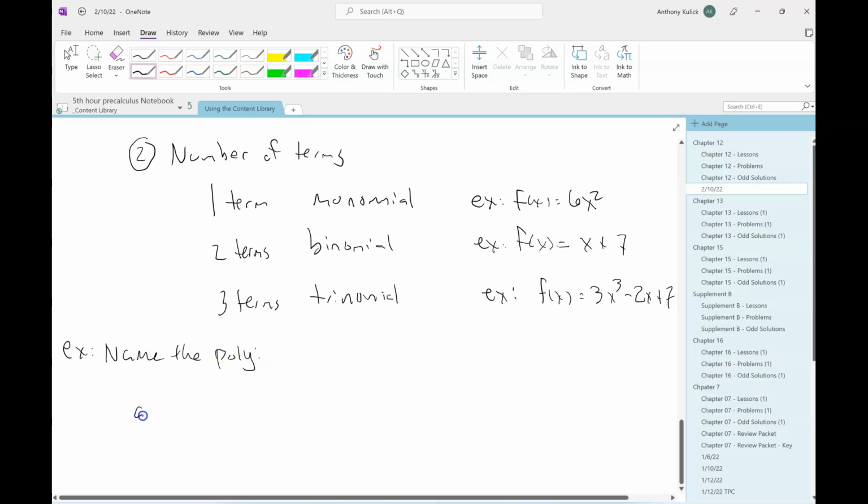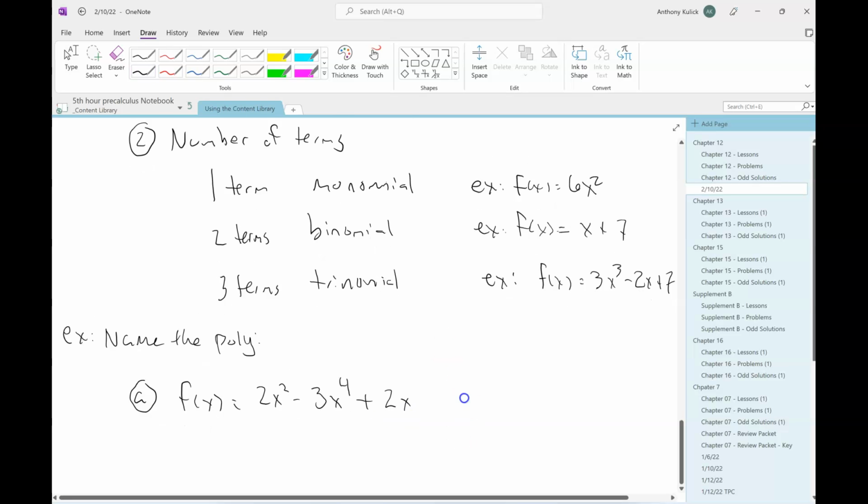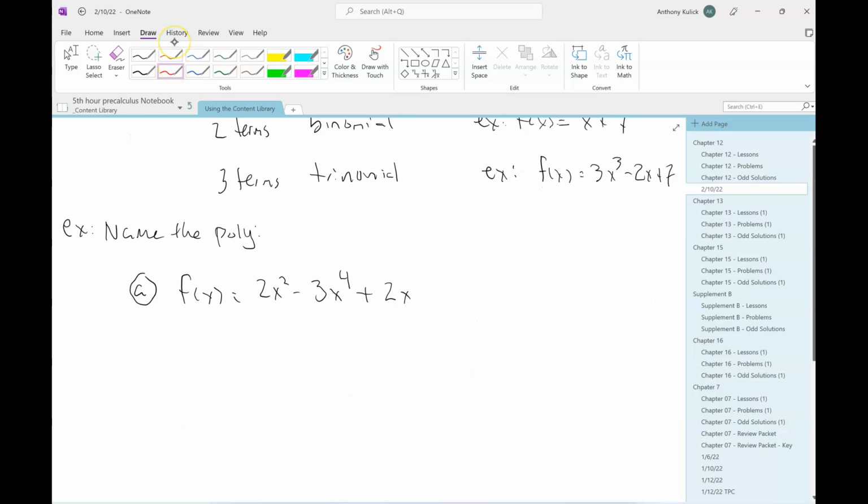So just run through a couple of quick examples here. We're going to name the polynomial functions. To name these, first thing we'd want to do is to determine the degree, and then the number of terms.